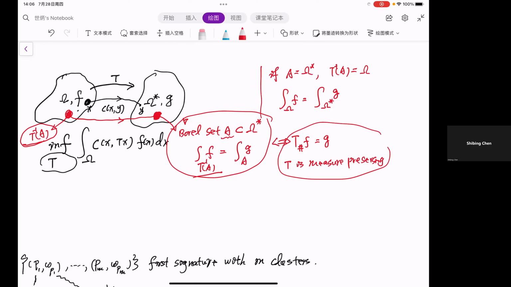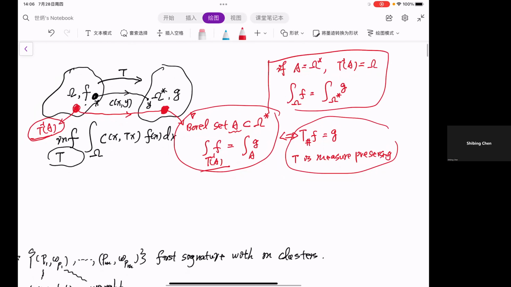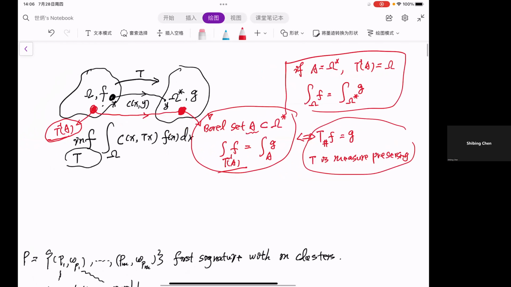So in the classical optimal transport problem, a very natural condition is that the total masses of the source domain and the target domain should be equal. So the admissible set for T is the set of T satisfying T sharp F equals G.